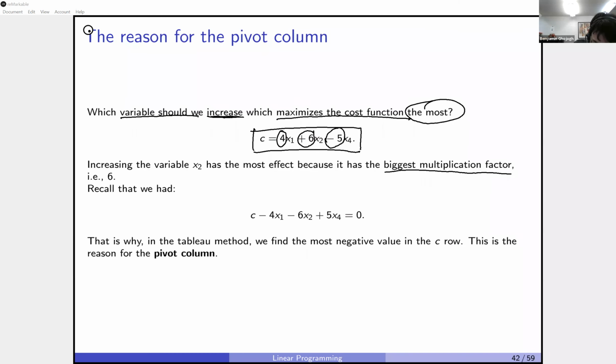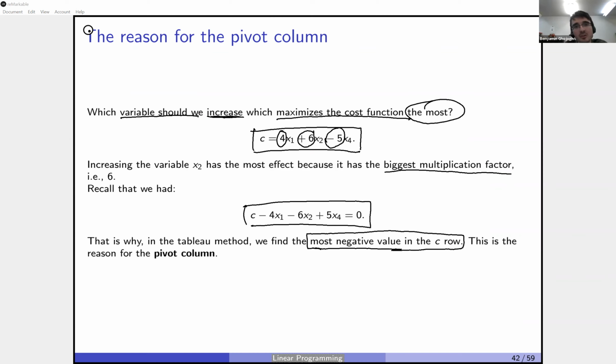And recall that we had this. Do you remember? We brought all of these to the left-hand side. That is why, do you remember, in the Tableau method, in the first step of each iteration, we take the most negative value in the cost function row, the 0 cost row? Do you remember? And that's why. Why do we get most negative?